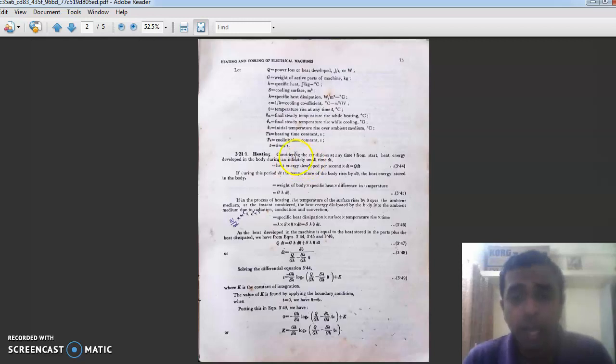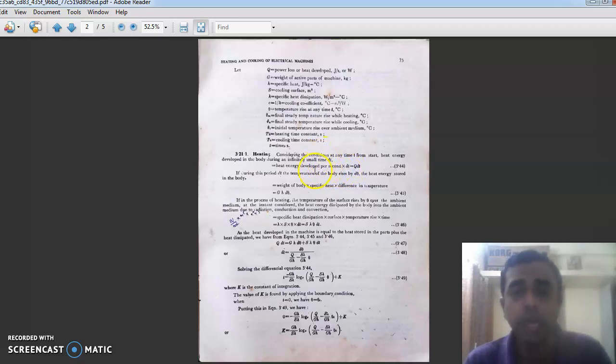So considering the conditions at any time t from the start, what is the heat energy developed in the body during an infinitely small time dt? That is power loss, heat energy developed per second, into dt.